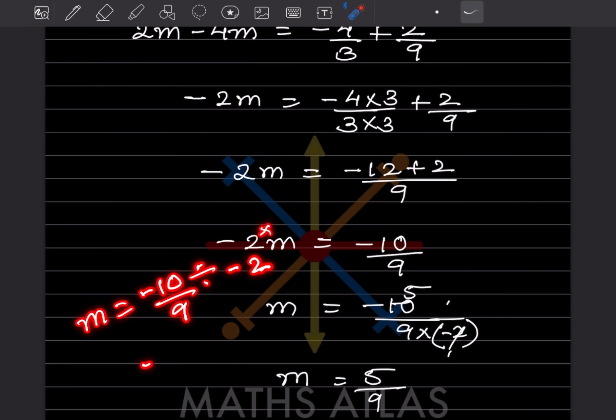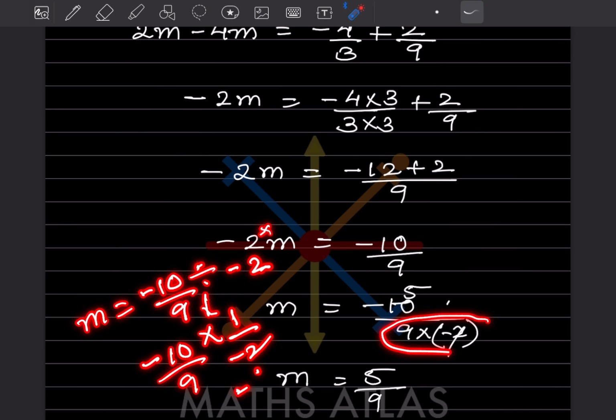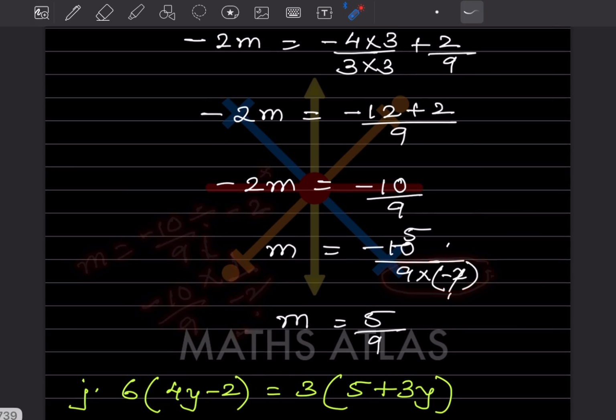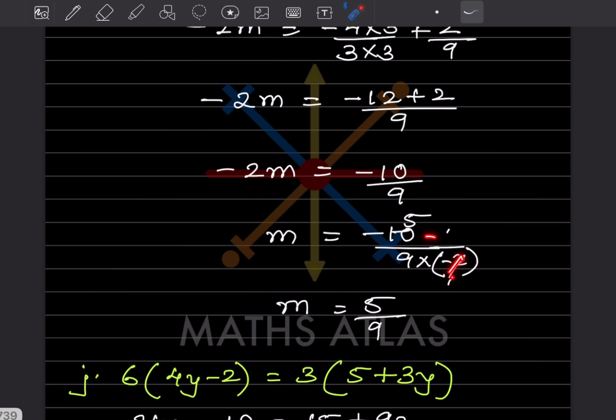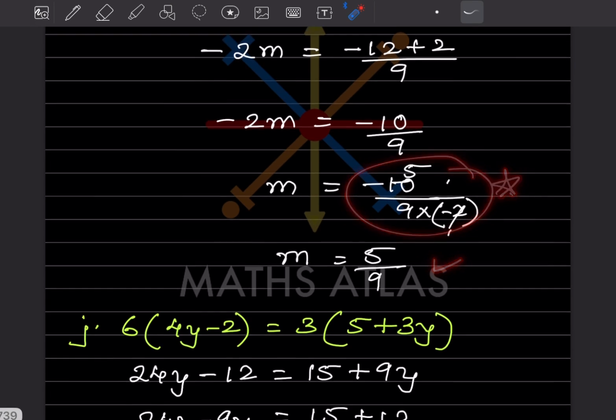So you will put here minus 10 by 9 multiplied by 1 by minus 2, because you change the sign over here. Both ways are the same, or you can put it directly over here. You can do this step as you wish. So m will be, 2 ones are 2, 5 twos are 10, minus divided by minus is going to be plus. So it will be 5 by 9. This is the step you have to remember.